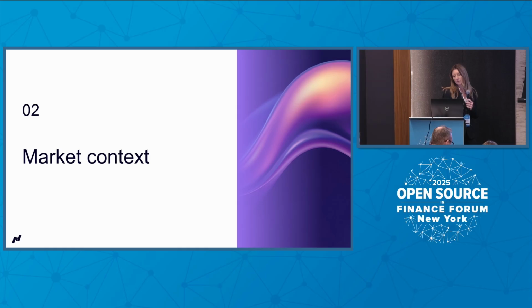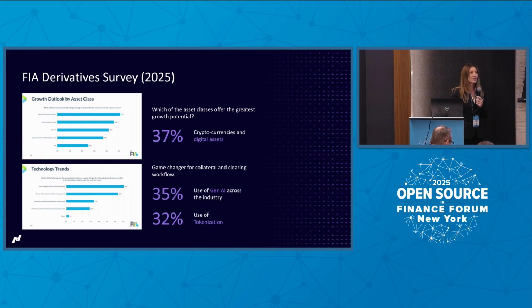I'm going to start with a little bit of market context, now that we got the definition of CDM out of the way, and thank you for that, Vernon. When we look at the market and work with our clients, it's really useful to take a pulse of where the industry is when it comes to innovative technology. I'm starting back at the beginning of 2025 when we attended ICMA, which had a nice attendance of buy side and sell side.